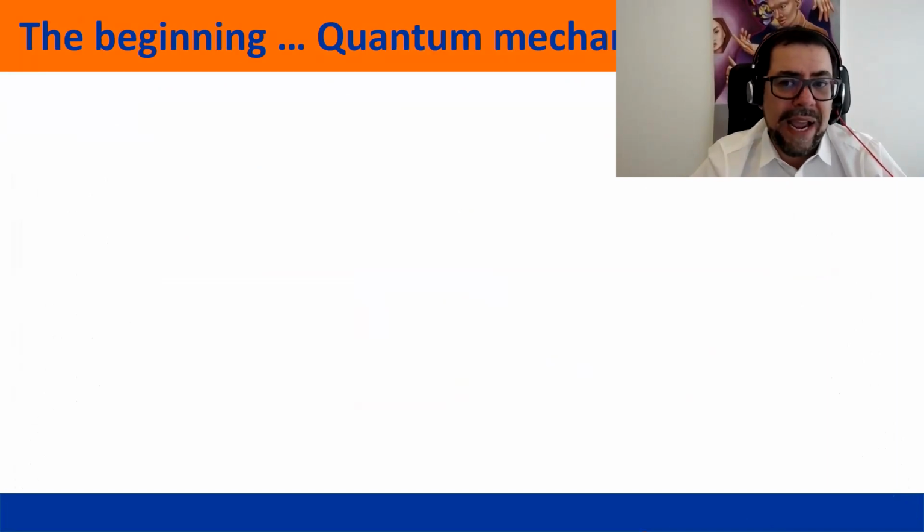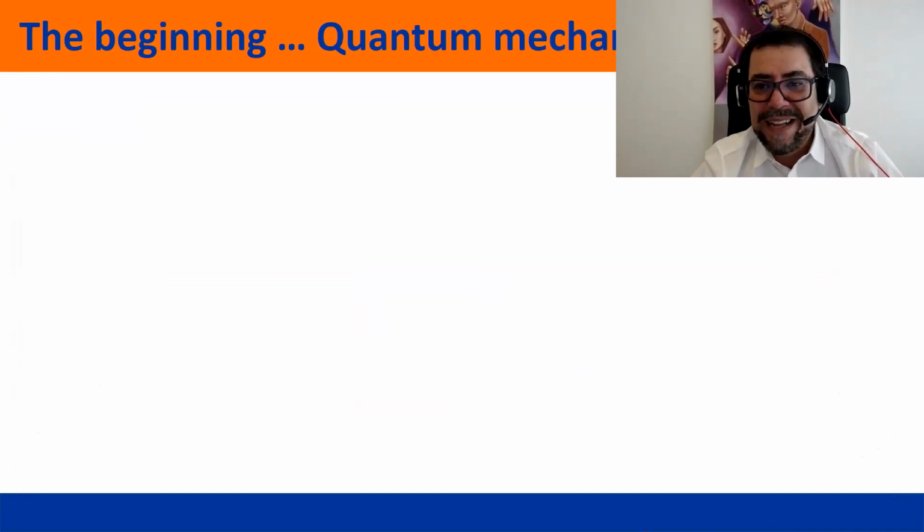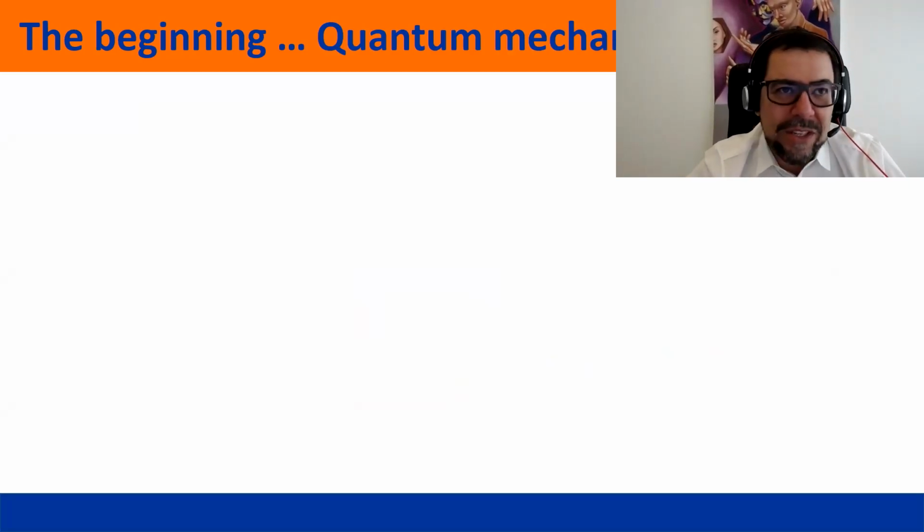If you look at quantum mechanics, it starts with a very mysterious Greek letter called psi, which is called the wave function. This wave function is not something you can measure in an experiment.